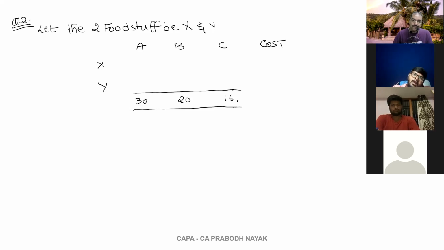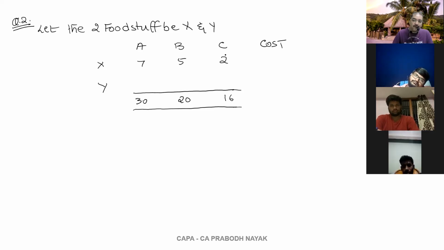For the supply of these minimum requirements, the housewife relies on two fresh foods, and those two fresh foods are X and Y. The first one, X, provides 7, 5, and 2 units of the three vitamins.